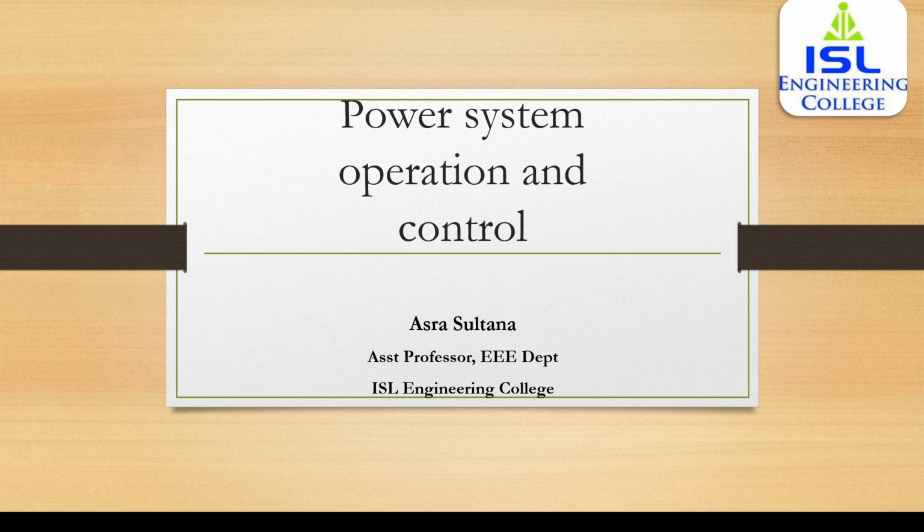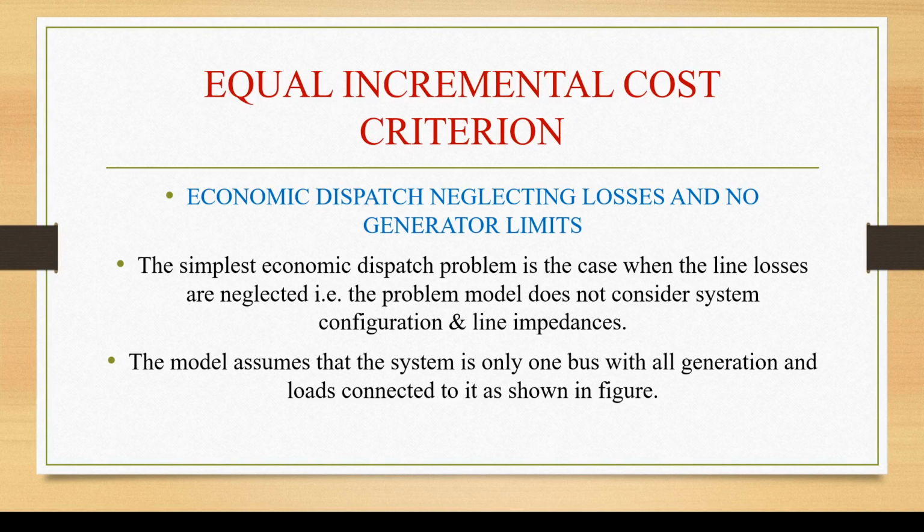So we are going to see in today's class equal incremental cost criterion, neglecting transmission losses, with and without generator limits. What are the equality and inequality constraints, already we have seen in the previous classes. So now in this session we are going to see the equal incremental cost criterion, neglecting transmission losses.